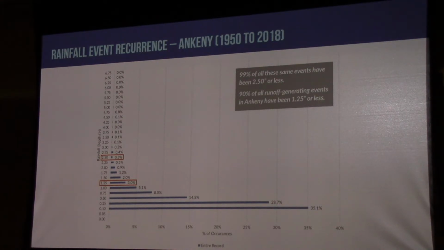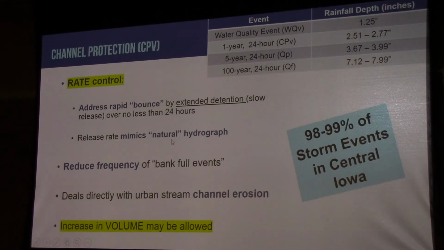So the big storm events do happen, but they happen pretty infrequently, and they don't always happen where you have a rain gauge. So that's the point of managing these small storms, because a lot of the effects we see in our local environment are due to these smaller storms, and not necessarily the big ones. So that next tier in the teardrop is channel protection volume.